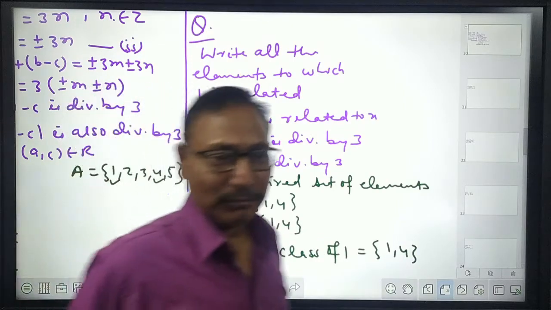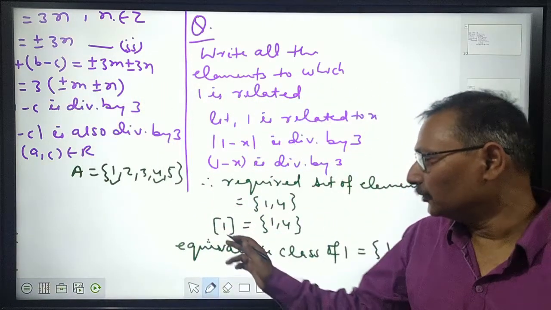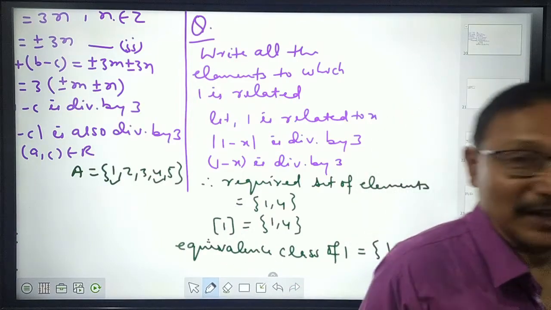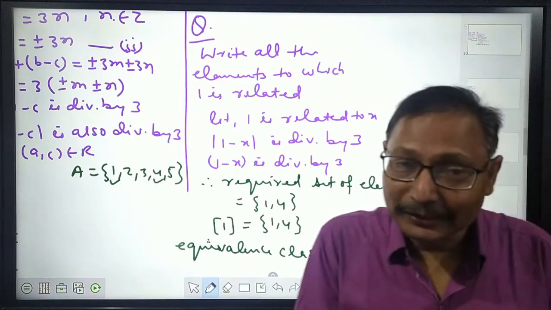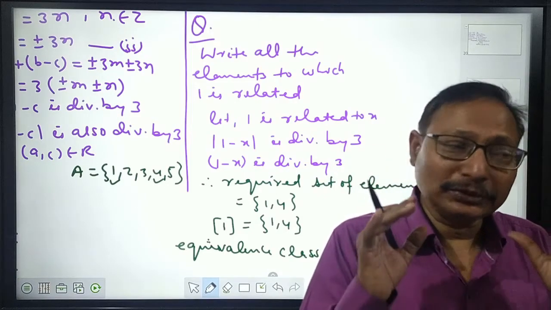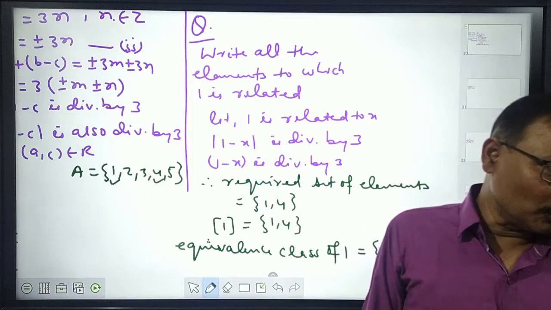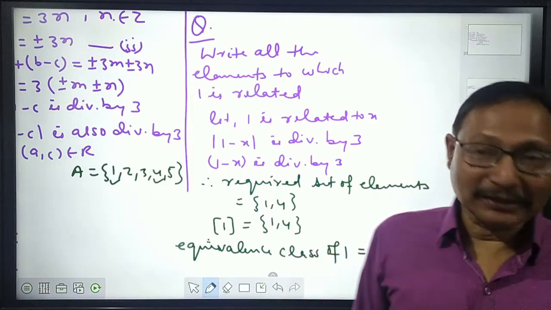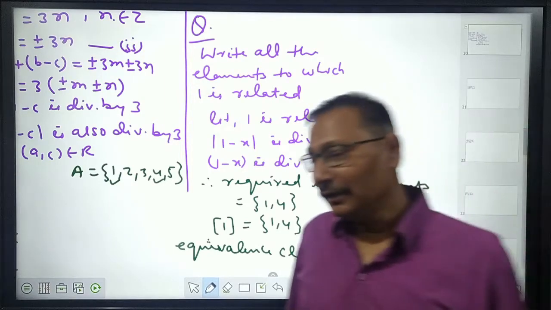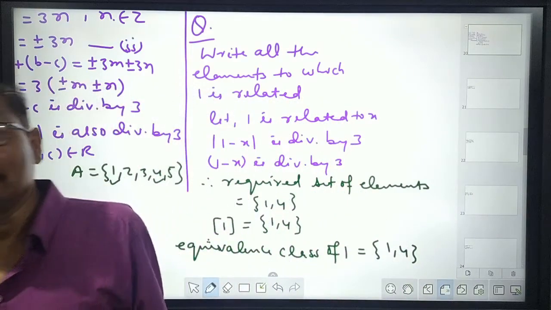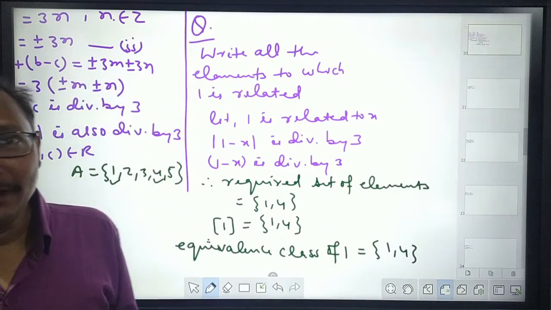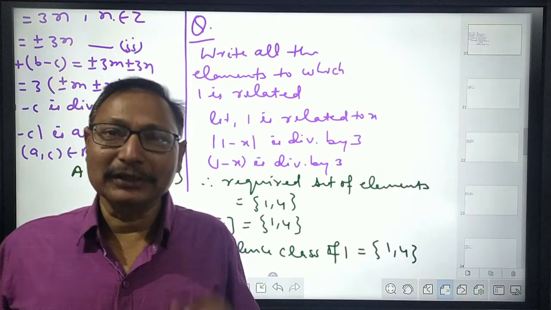Actually, this symbol is for the equivalence class of 1, and it means that you are to collect those elements, those numbers to which 1 is related. 1 जिस जिस से related है उनको आप collect करो, उनको collect कर करके आप उनको लिख डालो, and this has been done. So this is the solution of this question.